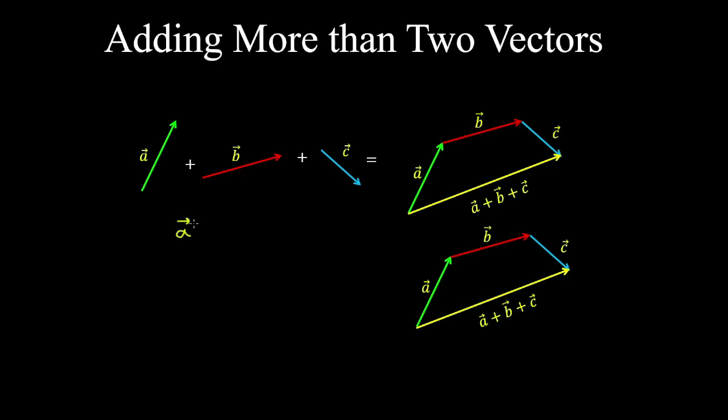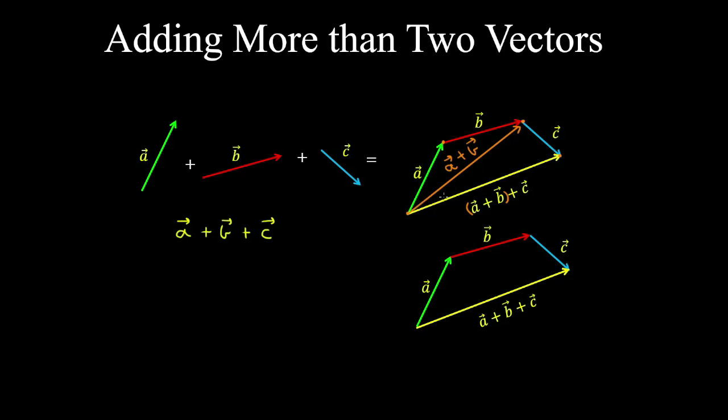So here we have A plus B plus C. So we can place the initial point of B at the terminal point of A, and the initial point of vector C at the terminal point of vector B. And therefore the resultant vector is drawn from the initial point of A to the terminal point of C. Now we can visualize this better by adding A and B first, using the head-to-tail method, and then adding this to C using the head-to-tail method again.